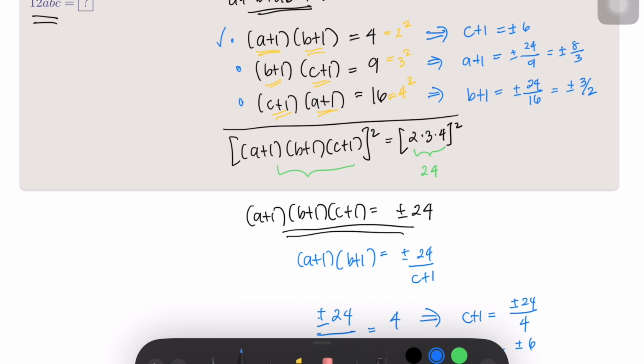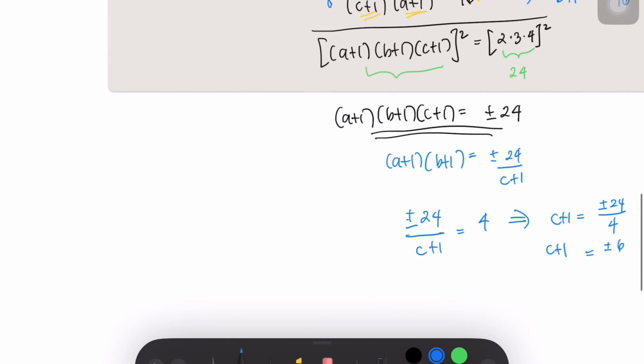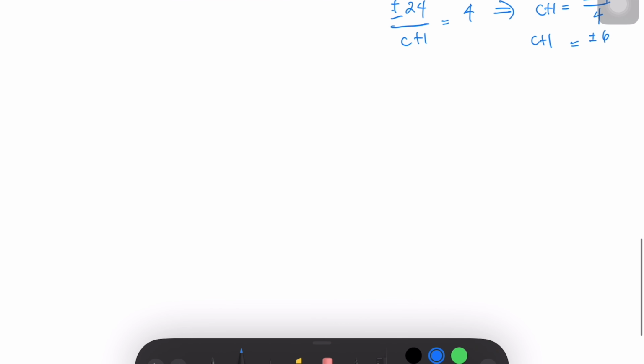Therefore, we have actually two sets of solutions here. The case when we are considering the positive case and the case when they are negative. So let's consider first the case when it's positive.